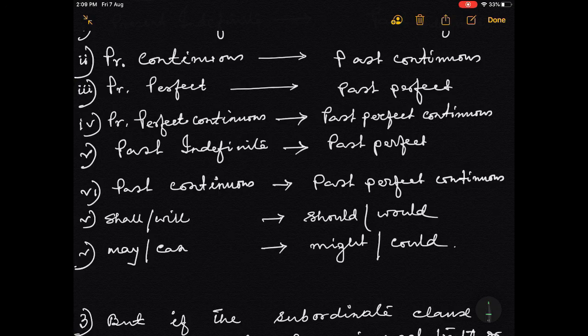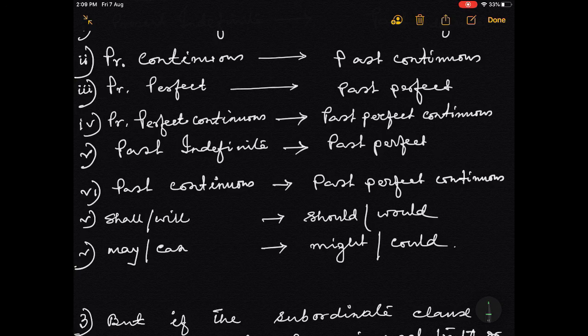Because in a narration, there are at least two portions. One is the reporting speech and the other is the reported speech. Now, when they are combined with the help of a conjunction, they will turn into a single complex sentence. And when they are in a single complex sentence, there are two verbs combined.